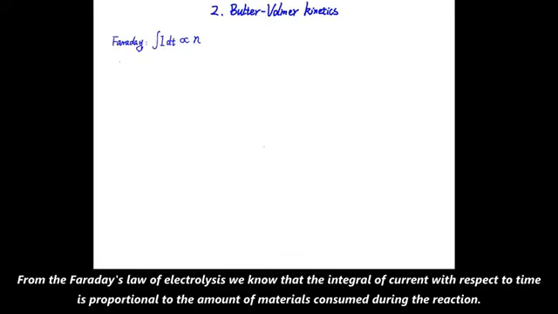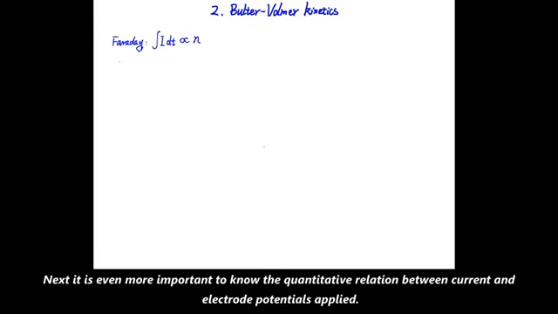From Faraday's law of electrolysis, we know that the integral of current with respect to time is proportional to the amount of materials consumed during the reaction. Next, it's even more important to know the quantitative relation between current and the electrode potential applied.